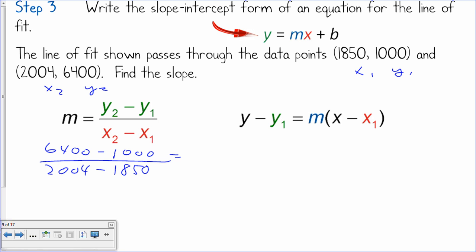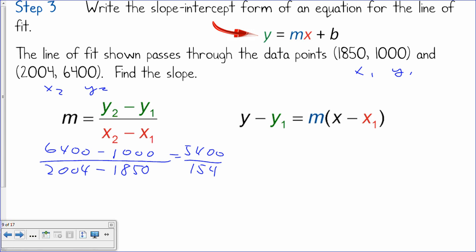What's that going to be? 5,400 over what? Okay, now, can I use this as my slope? No. Somebody tell me why. It's a huge number, isn't it? What do you think we should probably do at this point?